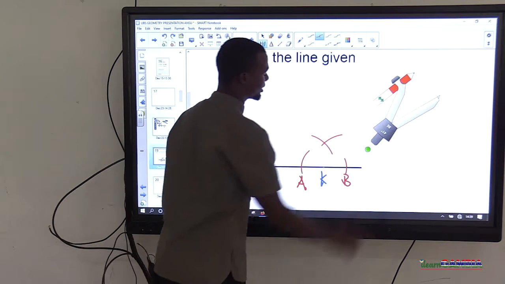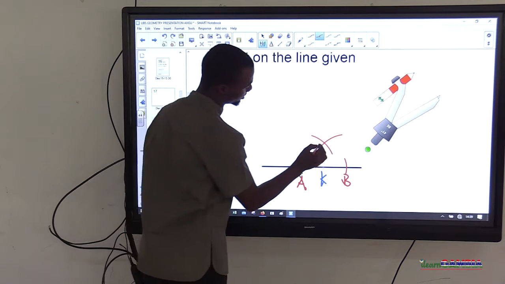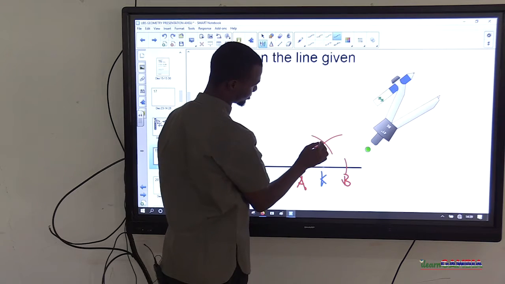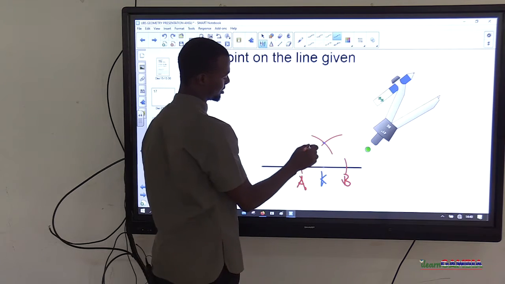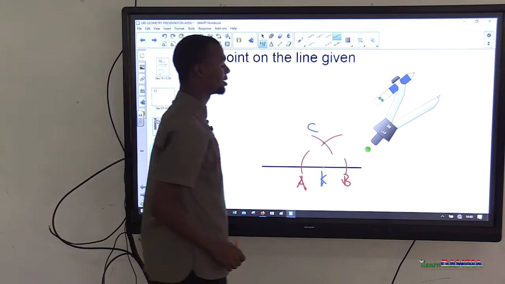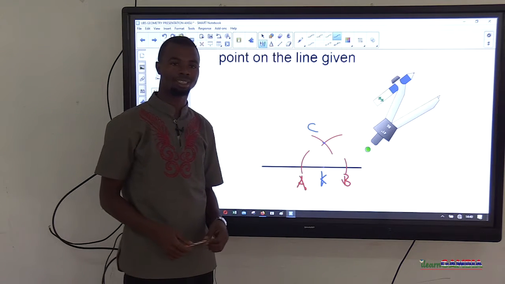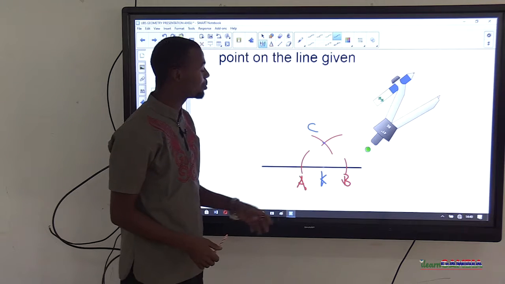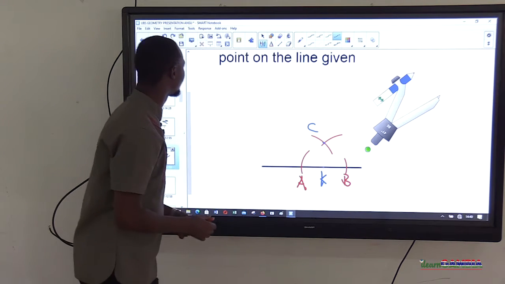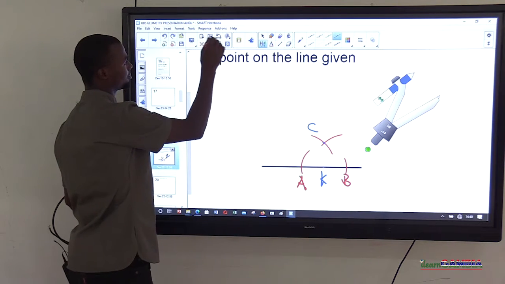So the point of intersection of the two arcs, that's point C. We join C to K to have the 90 degrees at a point on the line. We join that with a ruler.